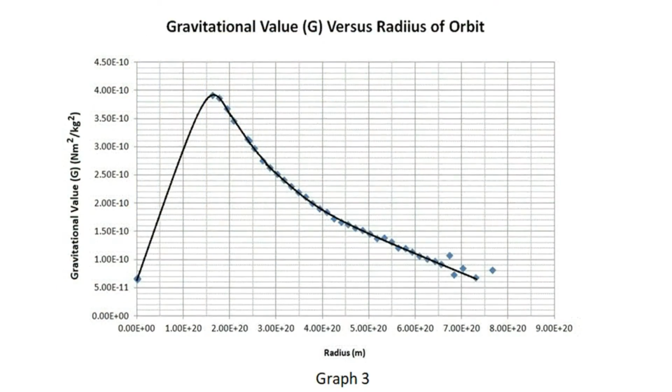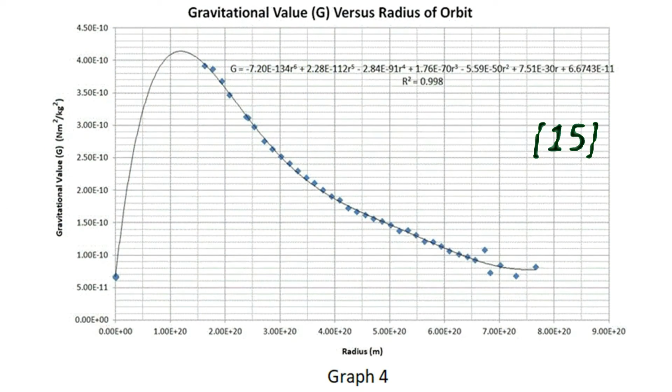If we plot column 6 versus the data in column 3, it gives us graph 3 along with its estimated trend line. If we do a sixth order polynomial regression on the data in column 6 versus column 3, we get graph 4, with its regression equation shown and its correlation coefficient of 0.998.